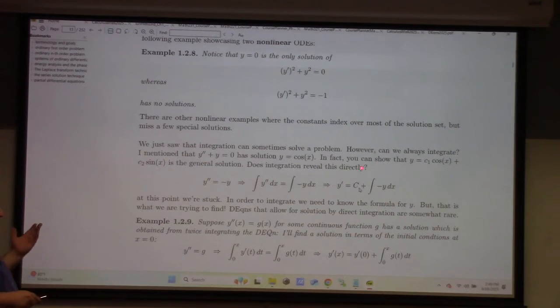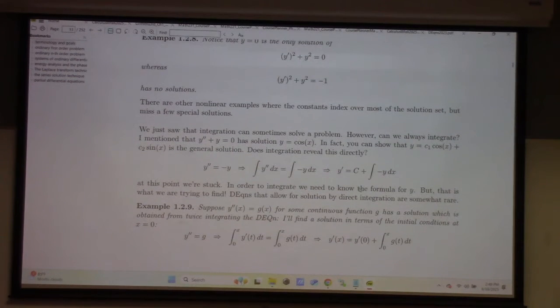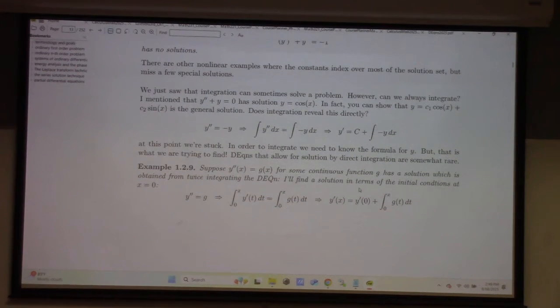And at that point, we'd be stuck, because we'd have y prime equal to a constant plus the integral of minus y. If I could just follow my own notes, I wouldn't have gone back to the previous example. I'm sorry, guys. I did write these a couple months ago, in my defense. But all right, so then what? How do you actually solve this? Well, this one requires a certain amount of trickery.